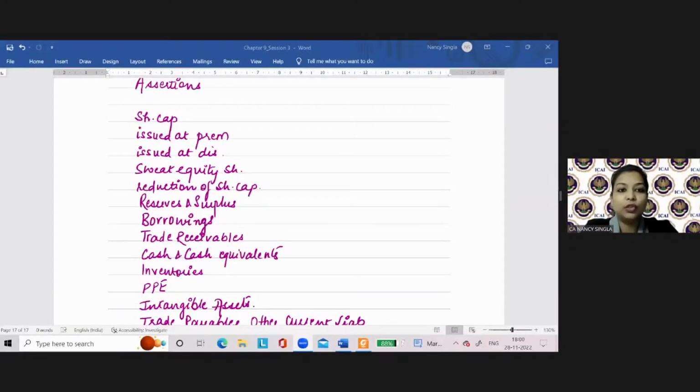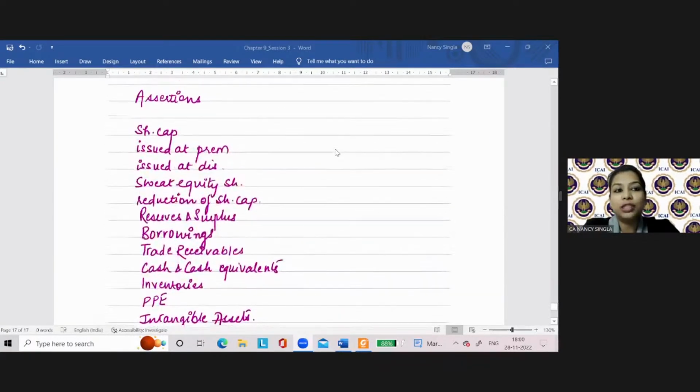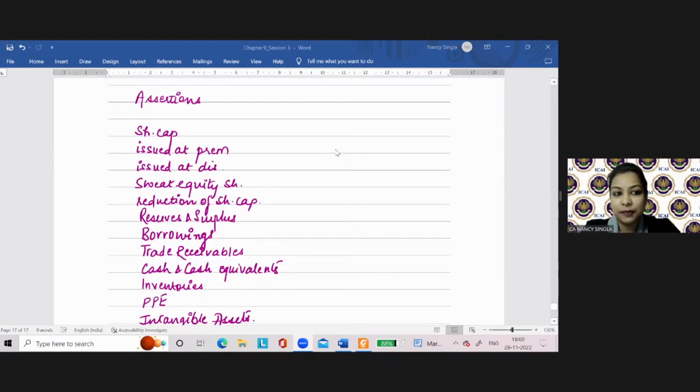Before starting with the topic for today, let me quickly discuss with you what we have covered in this chapter so far and what we will be covering today. We started our discussion with the topic assertions. Why am I repeating the headings of these topics again?